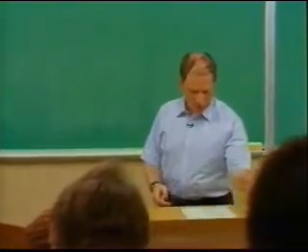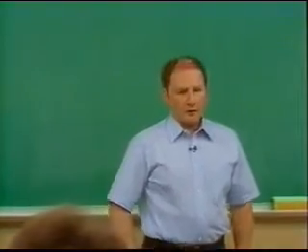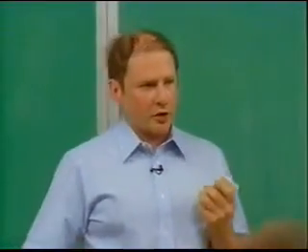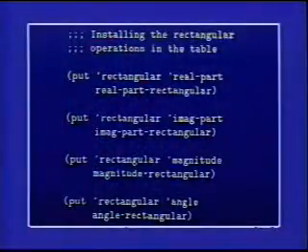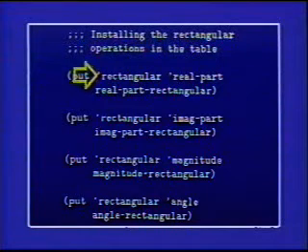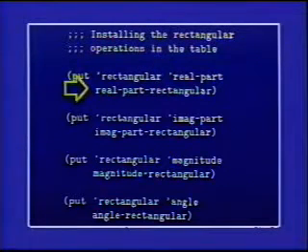Okay. Well, given this organization, what did George and Martha have to do? Well, when they build their system, they each have the responsibility to set up their appropriate column in the table. So what George does, for example, when he defines his procedures, all he has to do is go off and put into the table, under the type rectangular, and the name of the operation is real part, his procedure real part rectangular.